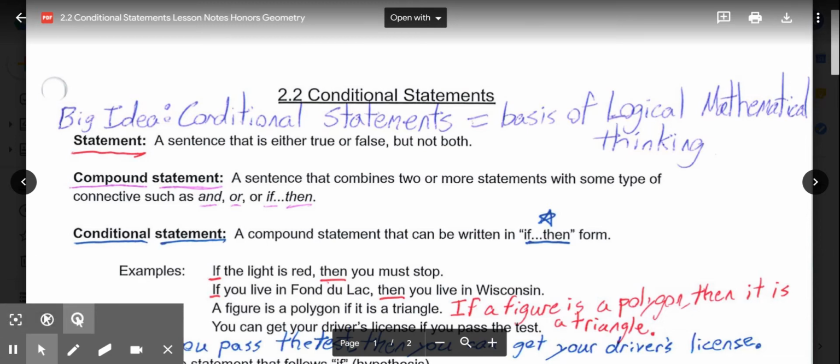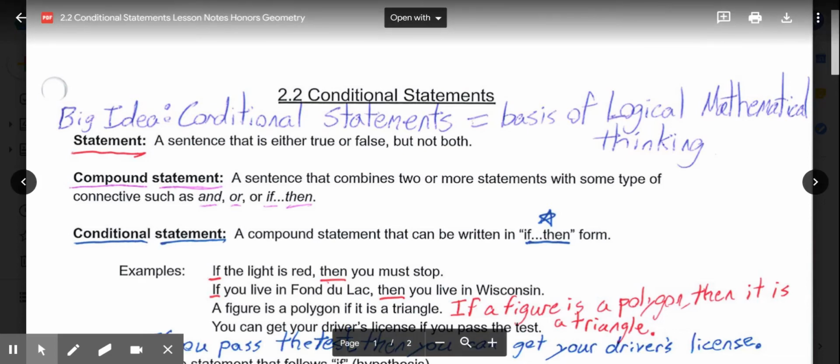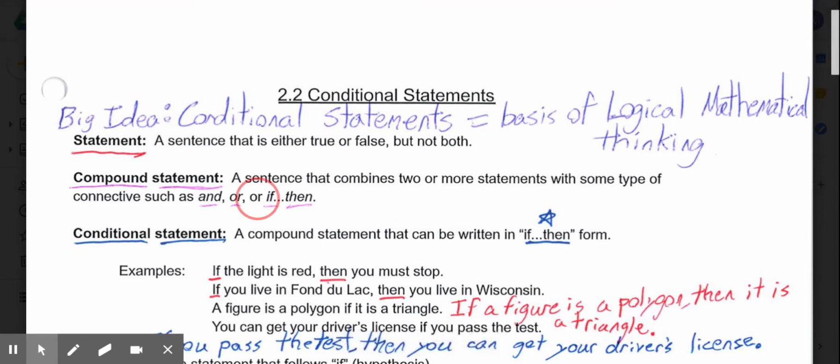And then we have what are considered compound statements. Compound statements are sentences that combine two or more statements with some type of connective term, such as and, or, most traditionally in mathematics, if, then.